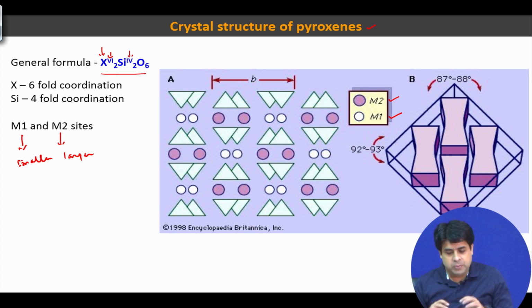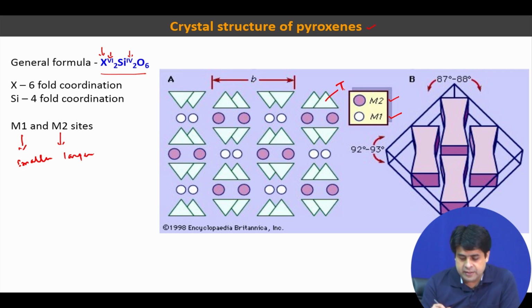If you see the placement of these octahedral sites in the crystal structure of pyroxene, you will observe that the larger M2 site is placed in between the bases of the tetrahedra. There are some tetrahedral sites, and in between the bases of these tetrahedra you have the larger M2 site.